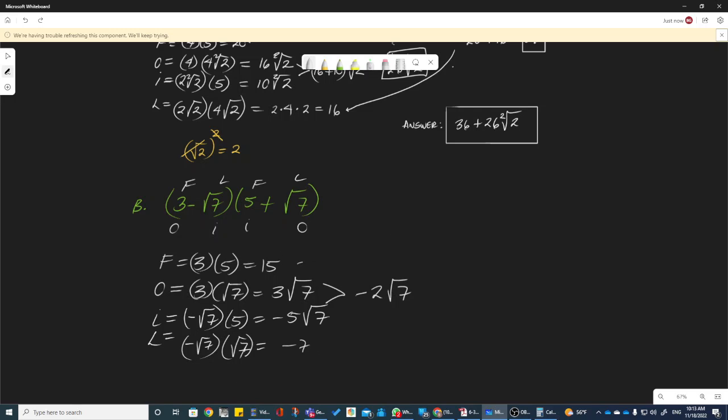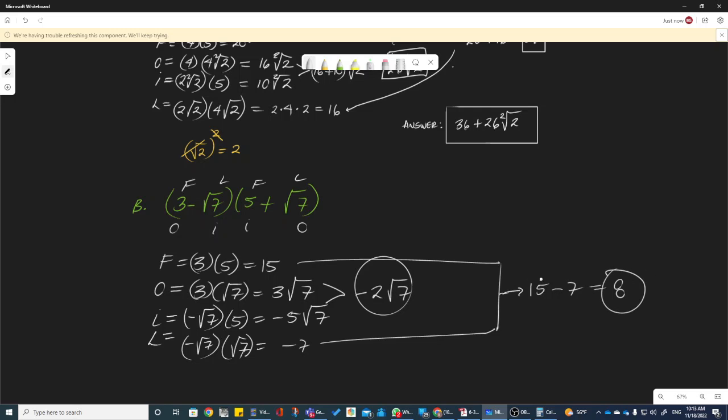So now you're gonna take these two and combine them together. 15 minus 7, okay? And that is equal to 8, all right? And then you combine these two, this one and that one, okay? And the answer is 8 minus 2 square root of 7, and that's your answer, okay?